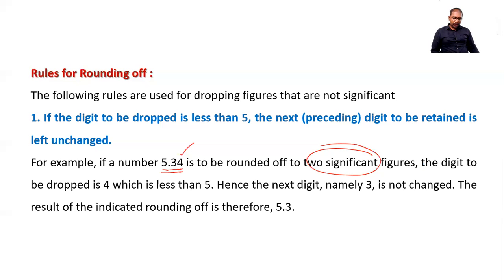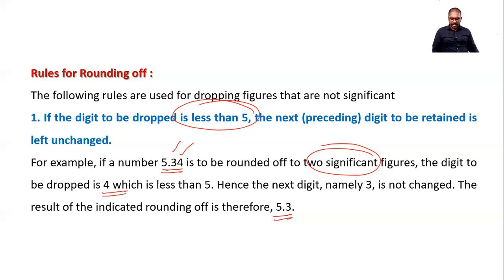The number we have to drop is less than 5, then we have to retain the previous digit. So we drop this 4, which is less than 5. Hence the next digit, namely 3, is not changed. So the round off number is 5.3.